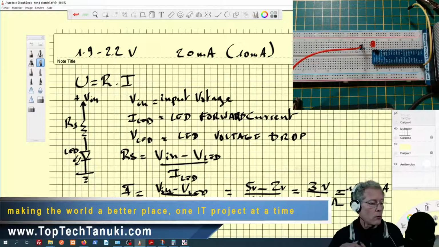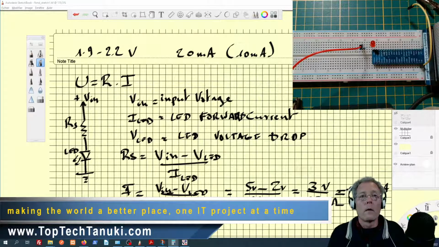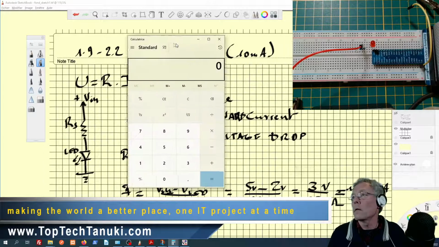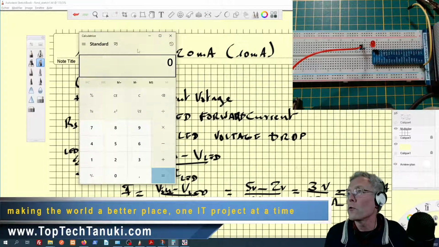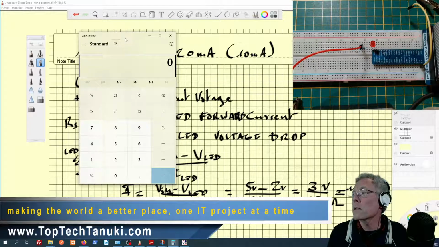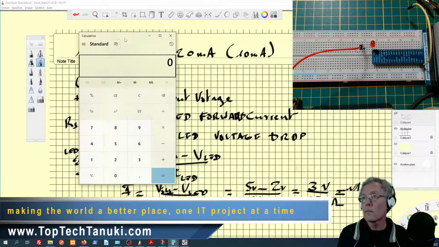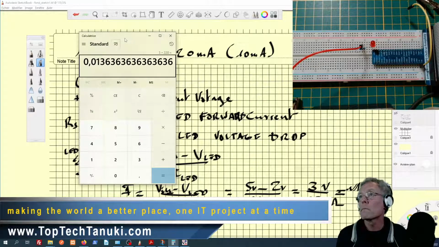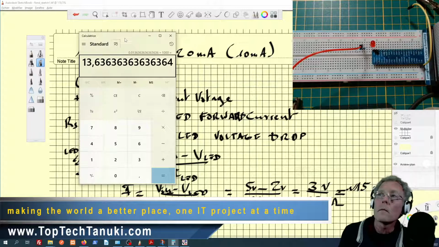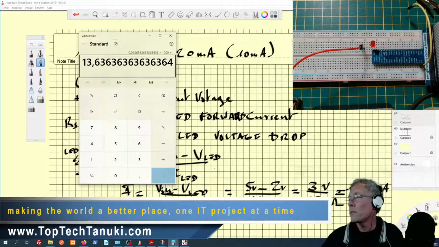Okay, if you want to be sure, we can take our logarithmic table. No, joking, kidding. Yes, here 3 over 220 amperes, which gives 13.6 milliamperes.